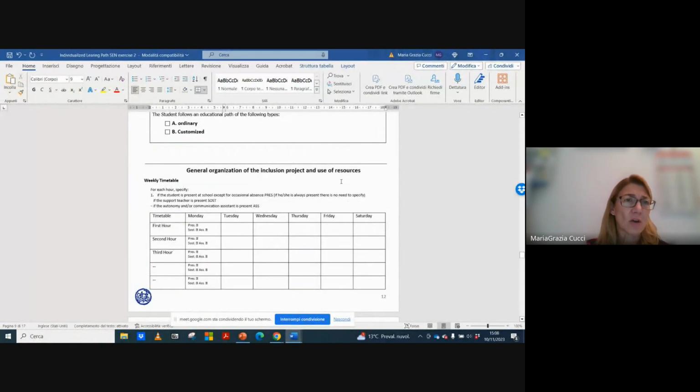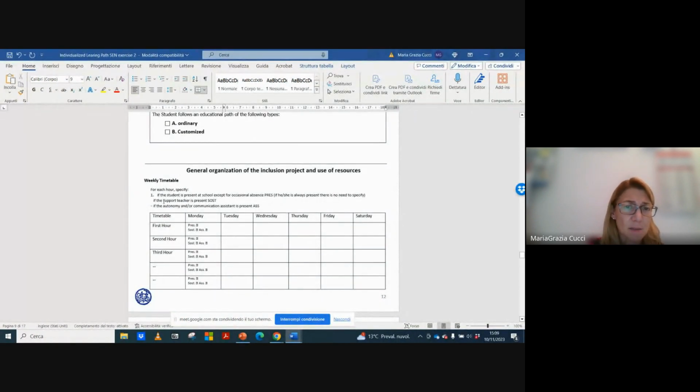Another part of this individualized learning path is one in which you put the human resources that you have at the school in order to help these students. This is a specific timetable in which you can put the information about the student.